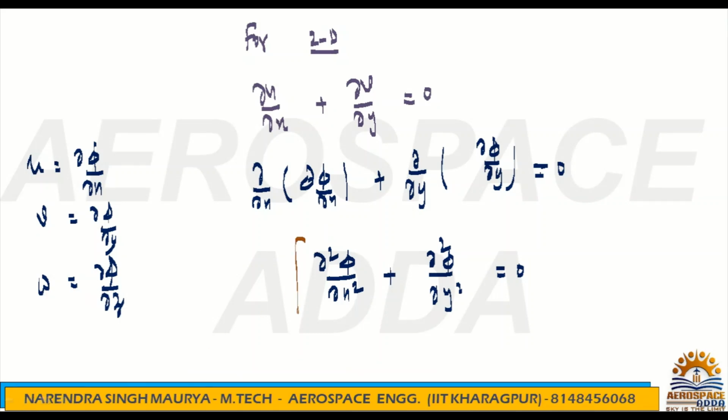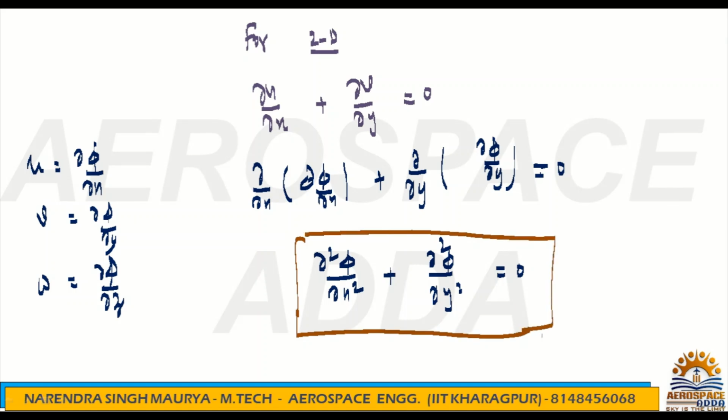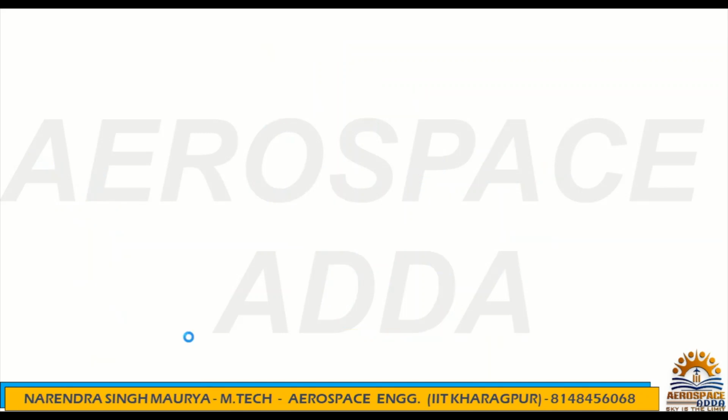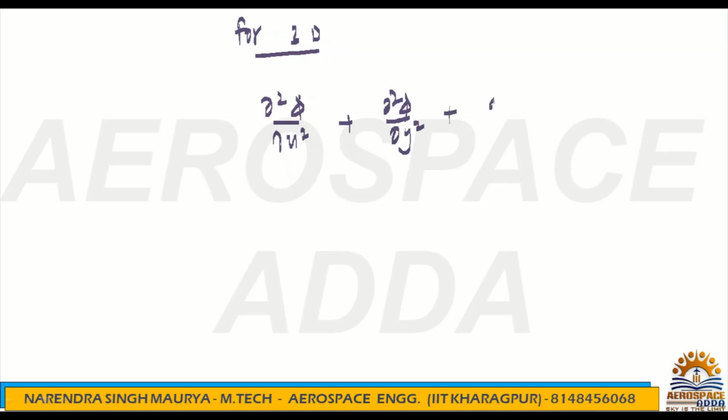So now this is for 2D you have written here. But you know very well that the potential function is also valid for 3D. So for 3D, what will be this equation? It will be ∂²φ/∂x² + ∂²φ/∂y² + ∂²φ/∂z².